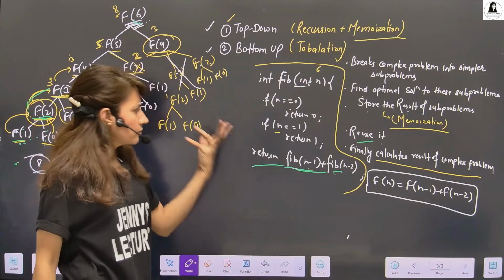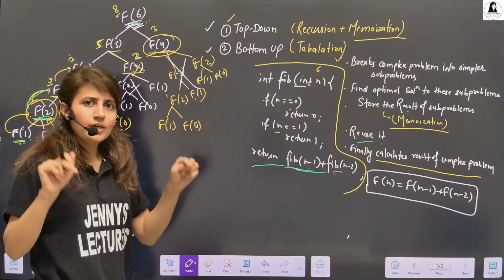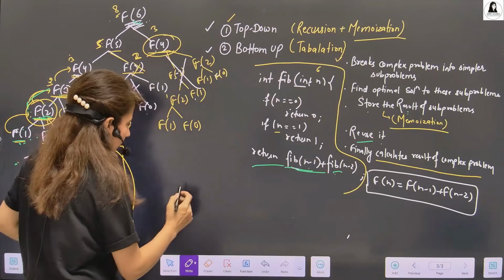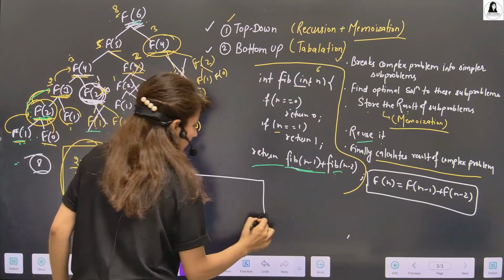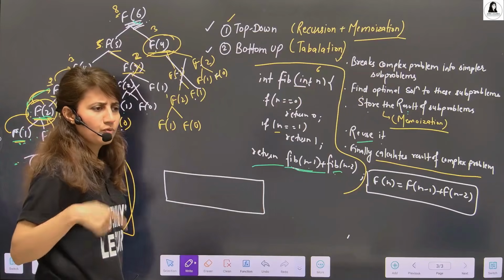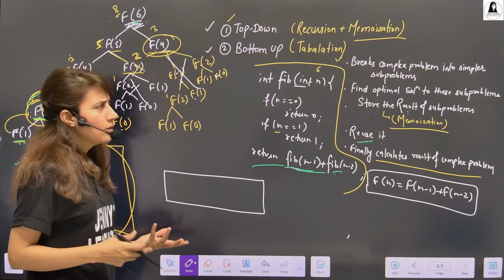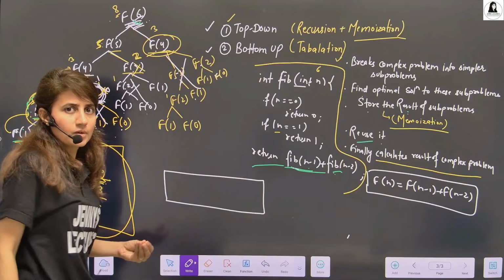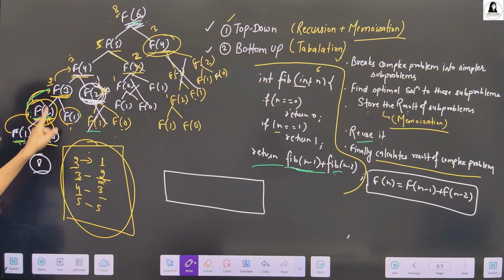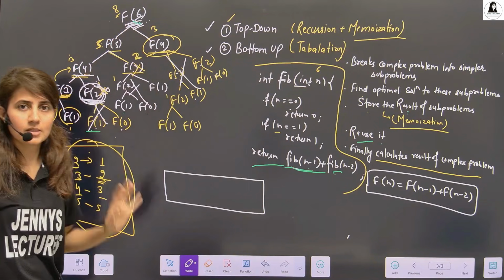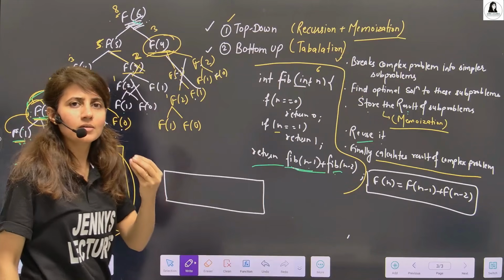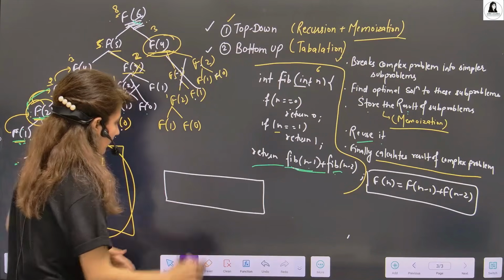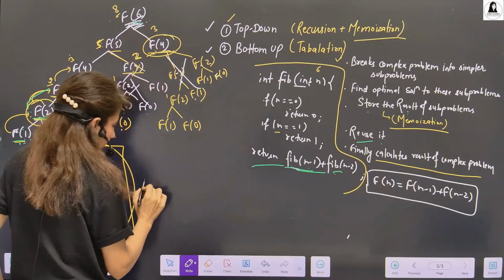So what can we do? We can make a table. It's a kind of table, but in a table, generally we have a number of rows and columns. Here, do you need such a thing? No, because we are passing only one parameter, that is n. N is 6. So we go from 0, 1, 2, 3, 4, 5 till 6. So we can take just a single array, a 1D array.